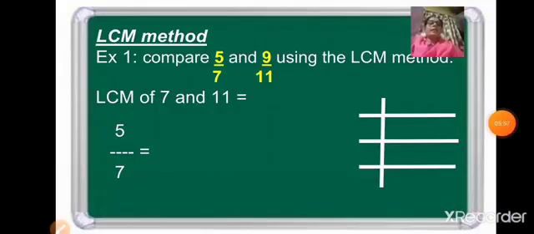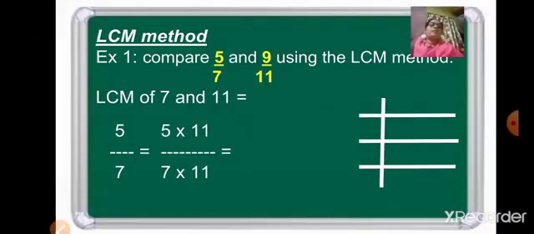Now first you will take the first fraction, 5 upon 7. You have to make the denominator equal to the LCM, and you got the LCM as 77. Now 7 into which number will give you 77? 7 into 11 will give you 77.